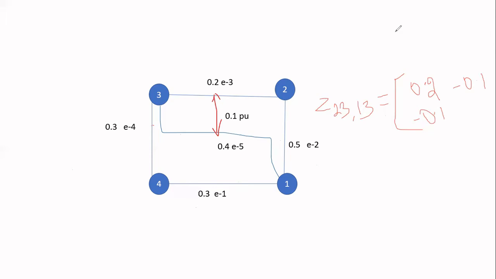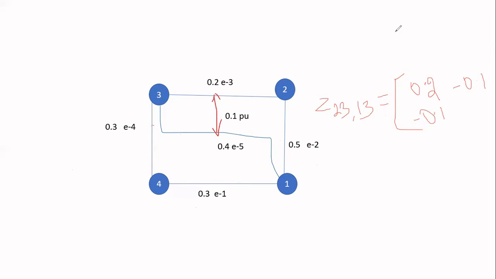Next, by using the Z2313 matrix, we derive the Y2313. How will we form the Y2313 matrix? By the inverse of the Z2313 matrix.